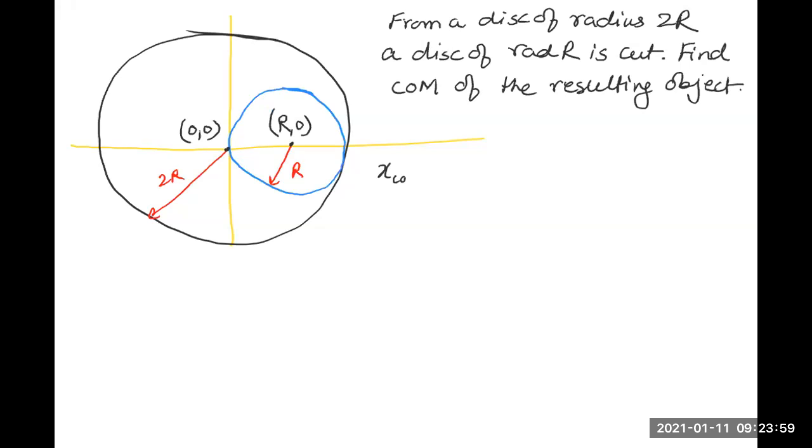So the x coordinate of center of mass will be m1x1. Okay? M1 is equal to sigma into 4 pi r square.